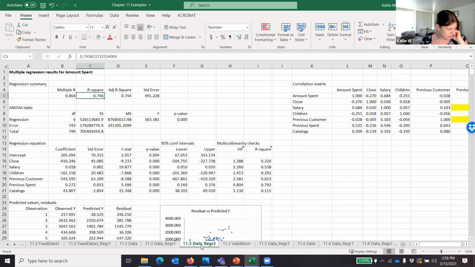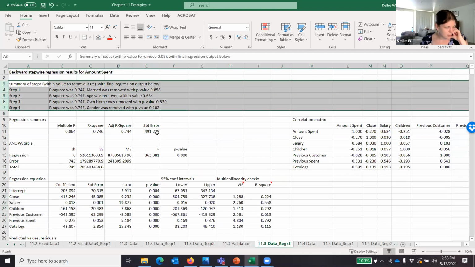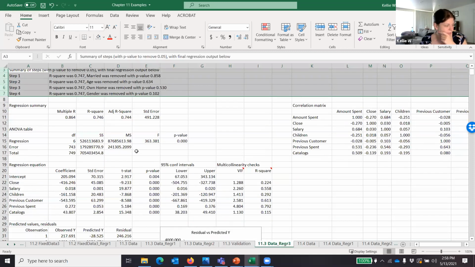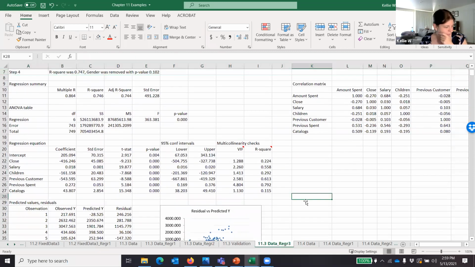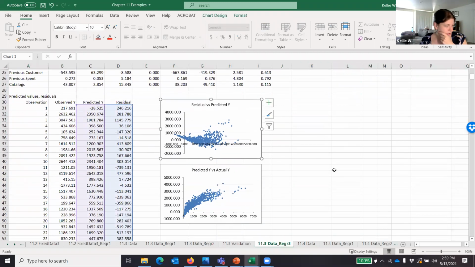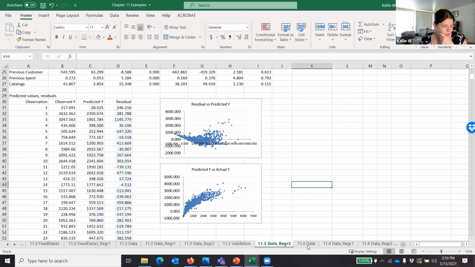Interesting. Oh, okay. I guess it's just showing you step by step how they did it. I was thinking they did something different, but look at the residuals though. Interesting.